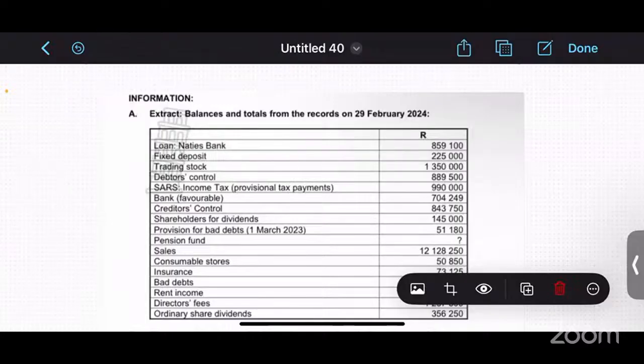Now I'm gonna ask you by looking at extract A over here, which ones do you think are not gonna form part of the statement of financial position by just looking at these records or balances at the end of the financial year?